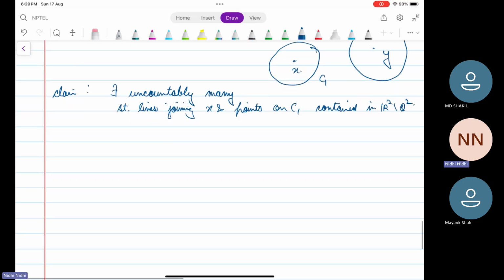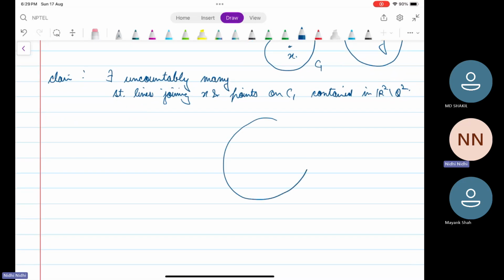So basically we are saying this is C1, this is x. I'm saying that there exist uncountably many lines from x to points in C1, such that this complete line is lying in R2 minus Q2. And we have uncountably many such.